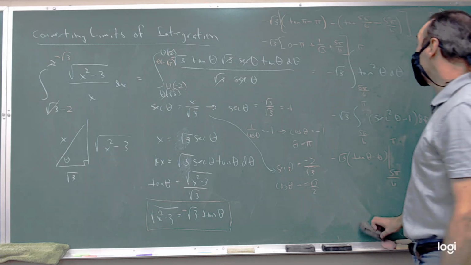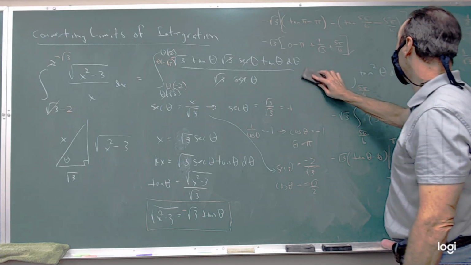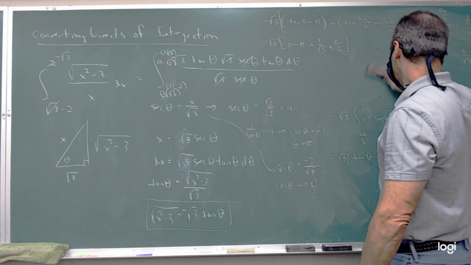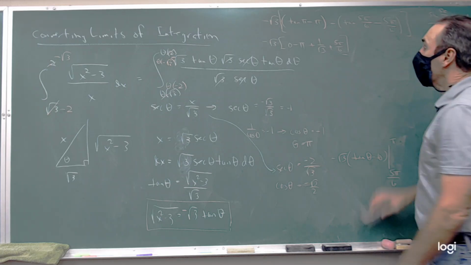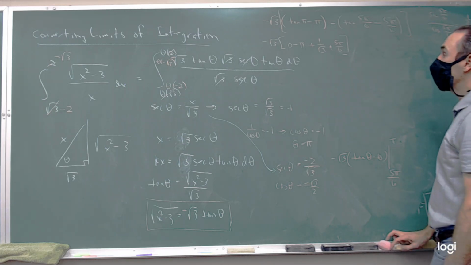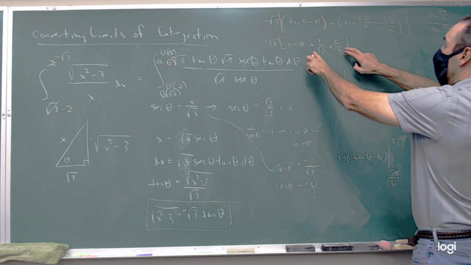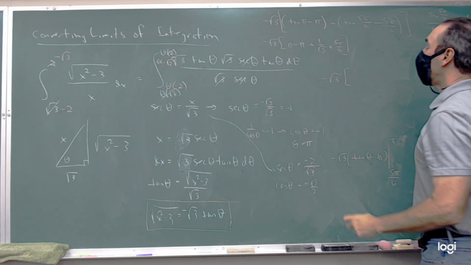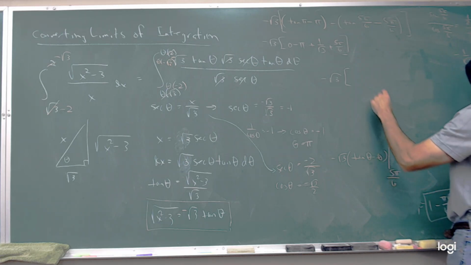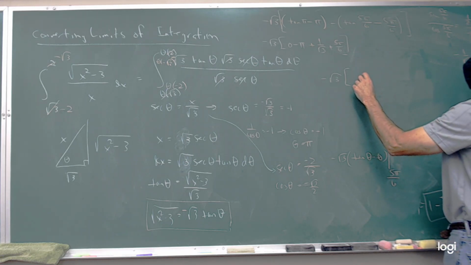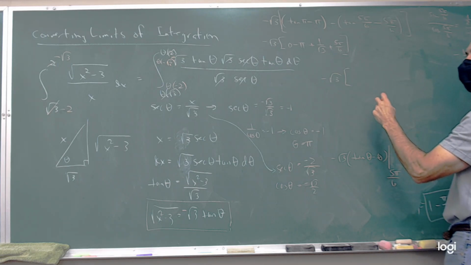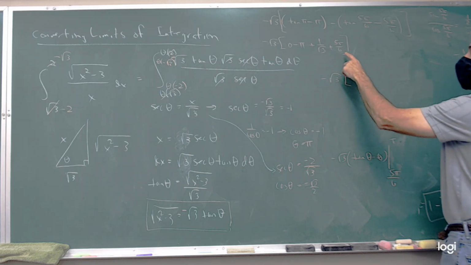We have to clear some room here. Okay, so let's see. We have a negative square root of 3. 5 pi over 6 minus pi is negative pi over 6.